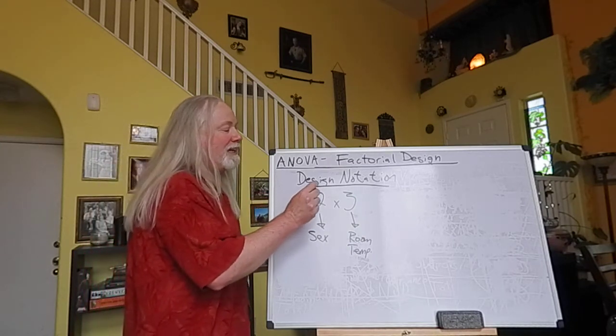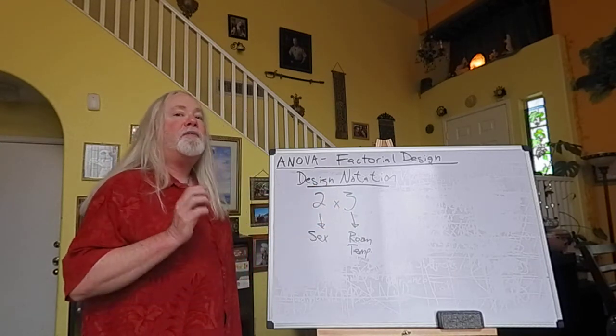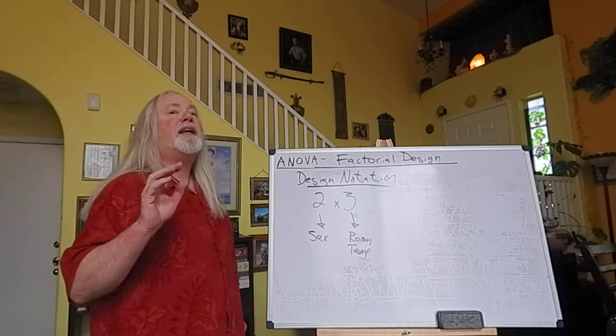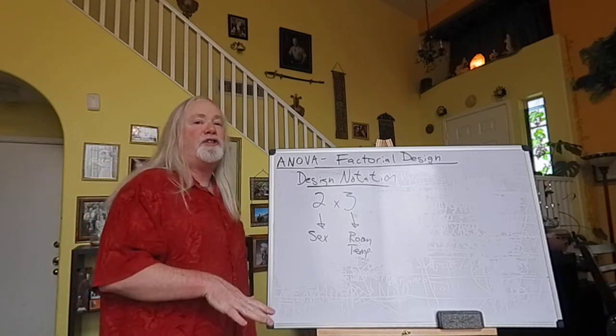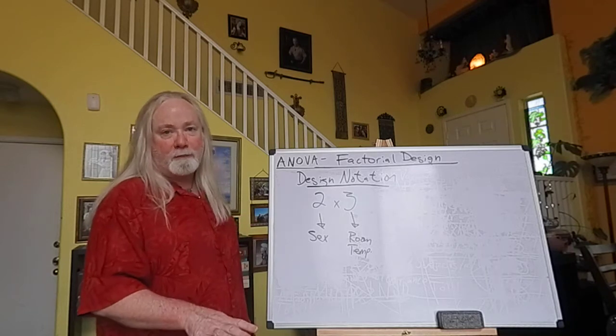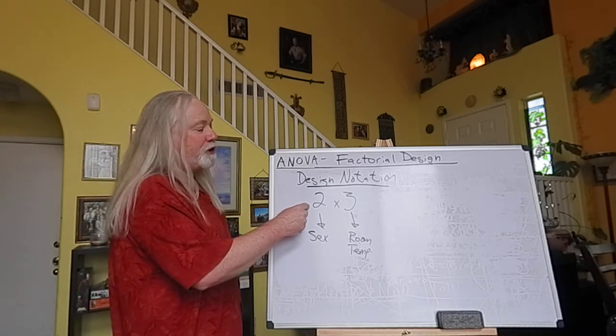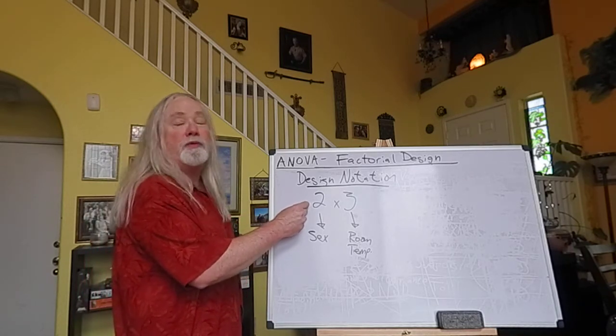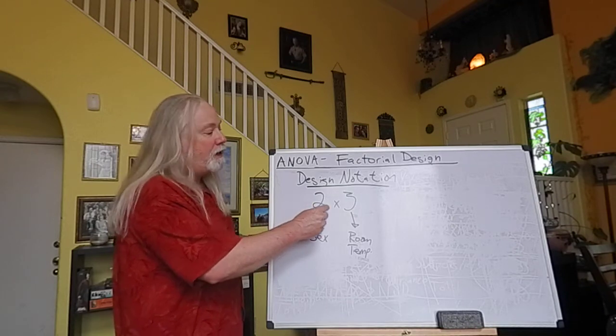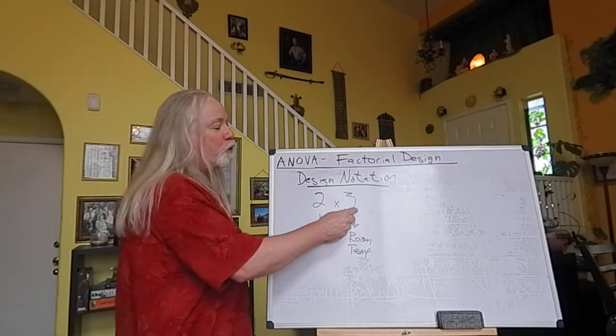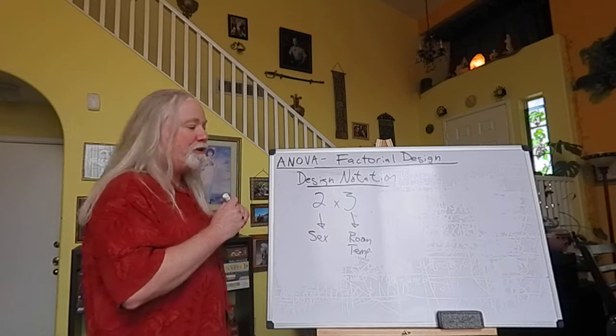The value of the number itself tells you how many levels or attributes of that factor they're using. So this number here, a 2, is one factor with 2 versions. This number 3 is a different factor with 3 versions, 3 levels or attributes.